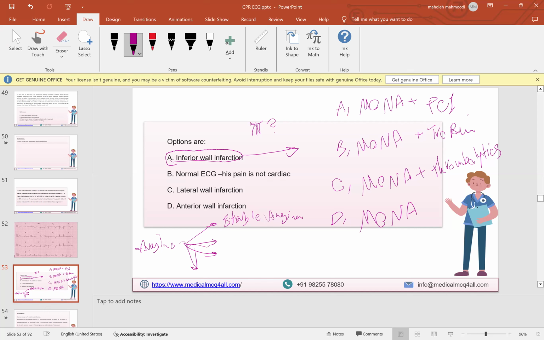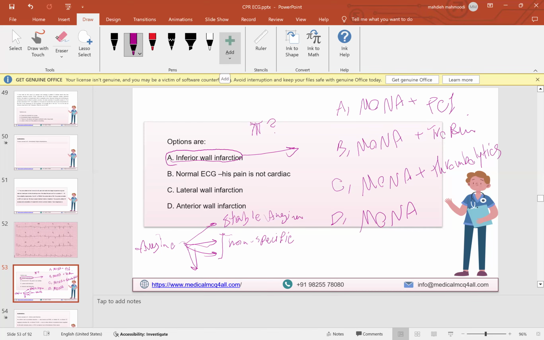That is called stable angina. In a stable angina, most of the time the ECG is normal, no changes. In 2 scenarios here, you have non-specific ECG changes, like ST segment depressions and T-wave inversions, or peaked, hyperacute T-waves.